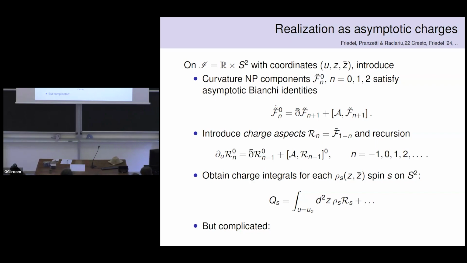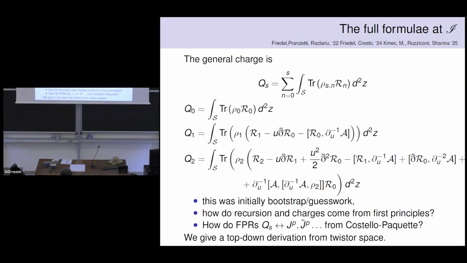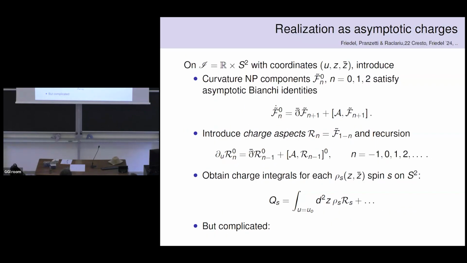So it's still local to scry. It's local to the initial data at scry, at null infinity, so it's not brutally non-local, but it's still quite non-local. And one of the things I want to promise is that it will look local on twistor space.